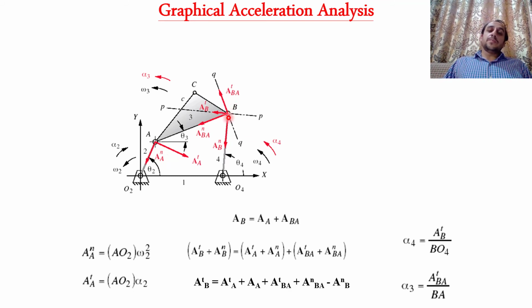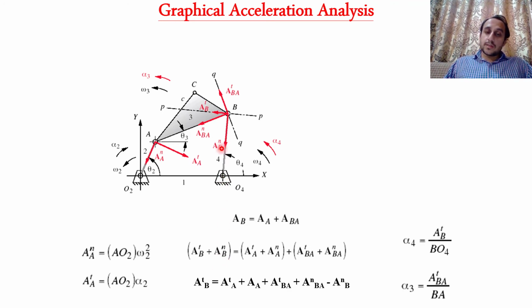So now we will move to point B. Absolute point B, I am talking about the acceleration of point B with respect to this pivot O4. So this acceleration will also have two components. Which two components? One is the tangential component, the other one is the normal or centripetal component. As far as the directions are concerned, we know the direction of this one because this is always directed opposite to the position vector.